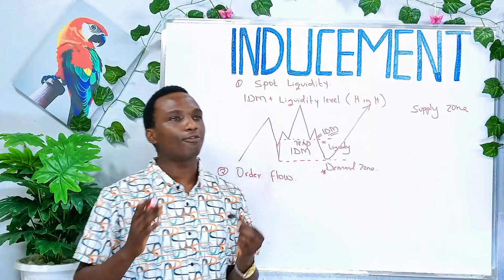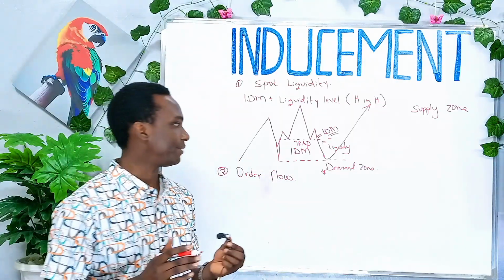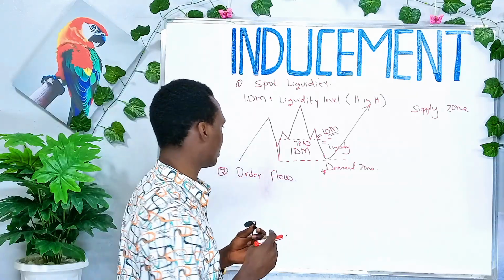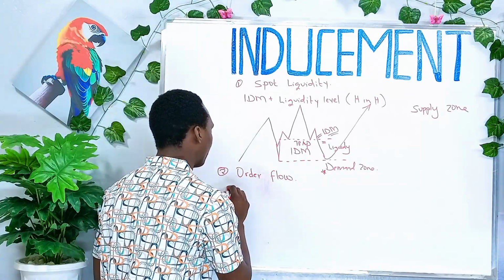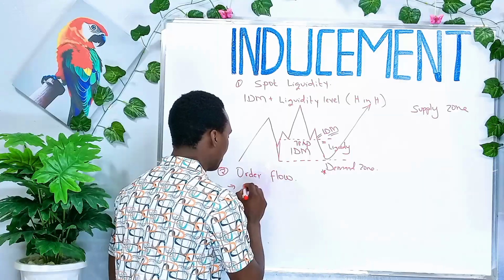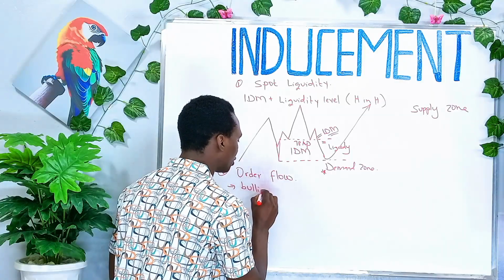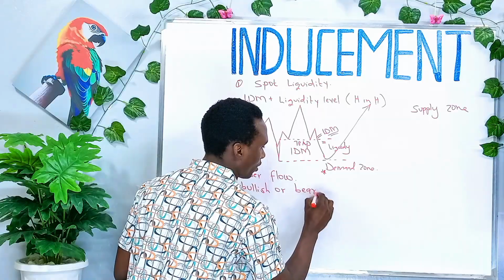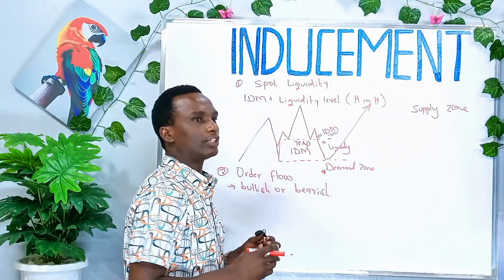Observing the order flow on a higher time frame will help you to identify inducement levels. There are two order flows in the market: the market can either be bullish or bearish.